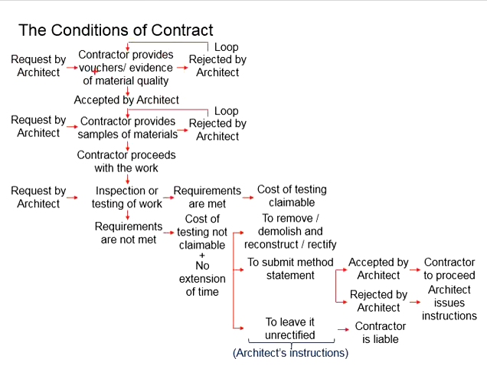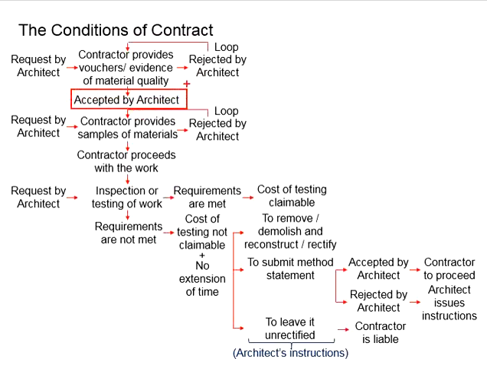This is particularly related to the quality of the materials. If the materials to be provided by the contractor do not meet the requirement, the architect will reject them, and the contractor will need to propose a new material in replacement of the initial one. The entire process here will loop until the architect is satisfied with the materials.